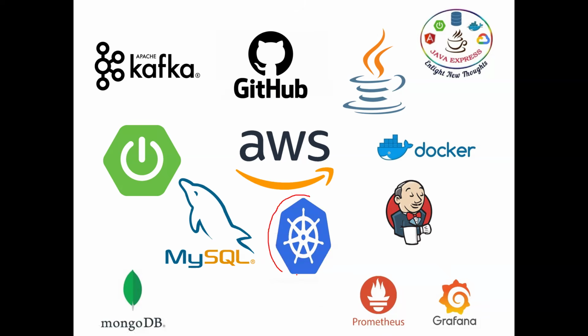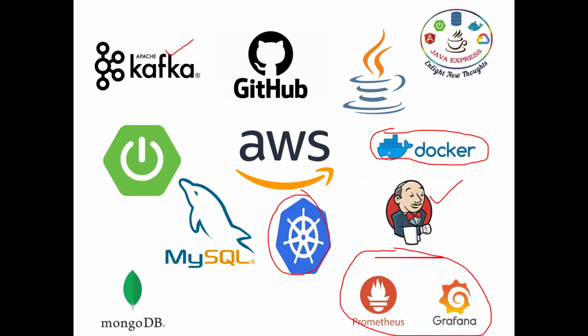You know very well this is Docker, this is Jenkins, this is Apache Kafka, and this is Prometheus and Grafana, the monitoring system. You know the GitHub and Java icons here, and this is AWS. These are all the technologies we are going to discuss as part of this batch training.